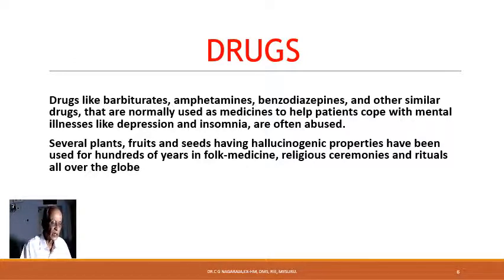Therefore, we should be very careful about what drugs we are taking and what drugs doctors are prescribing, and we should cultivate a habit of only adhering to the prescription, not going beyond that. That's one of the important points you must learn in 12th standard biology.